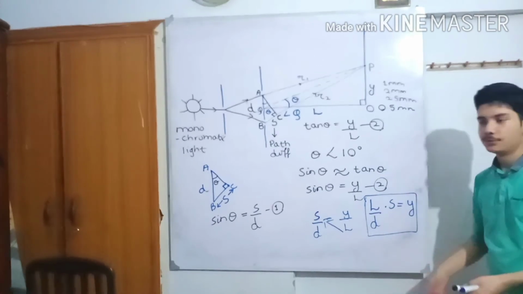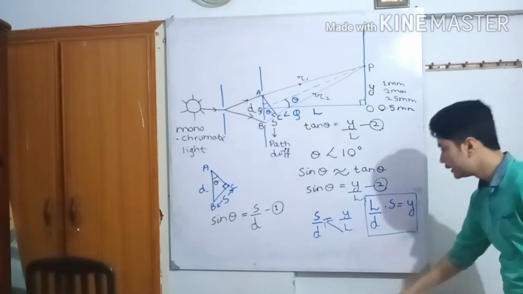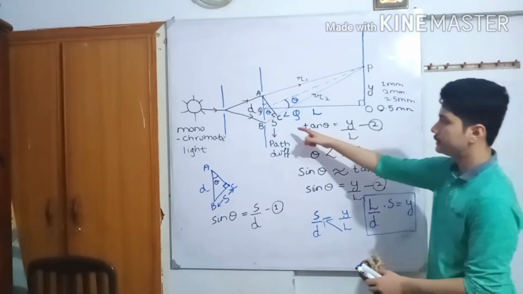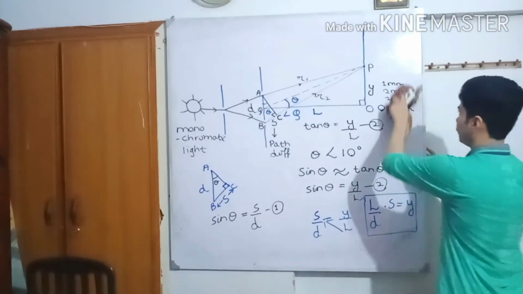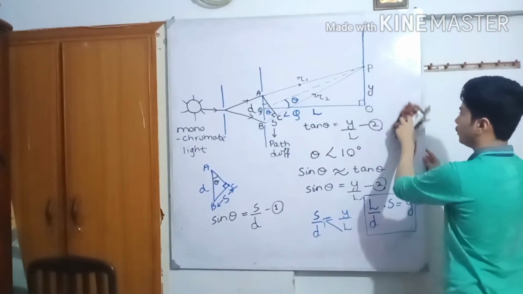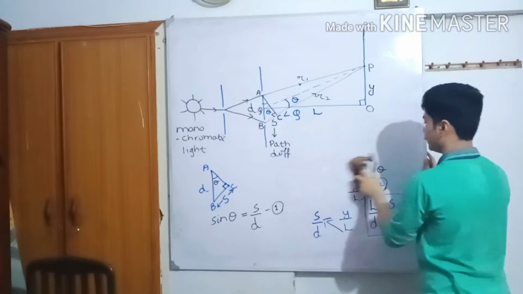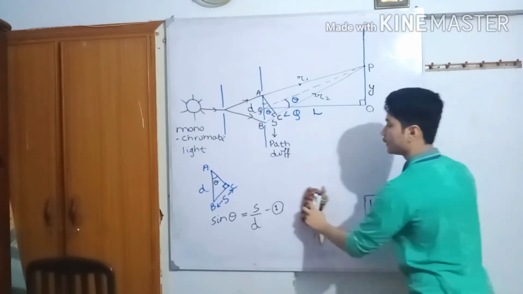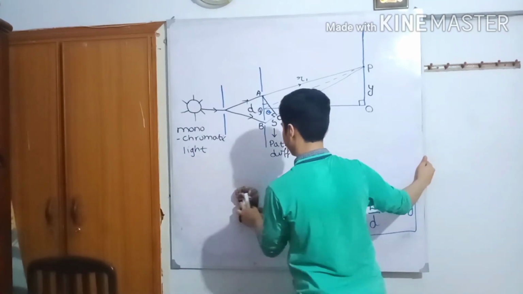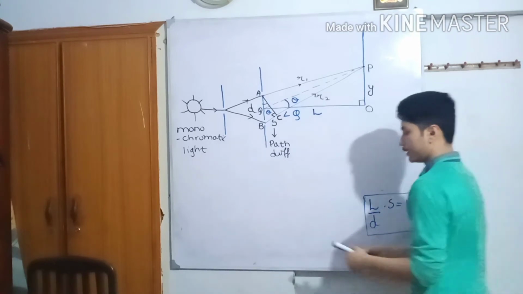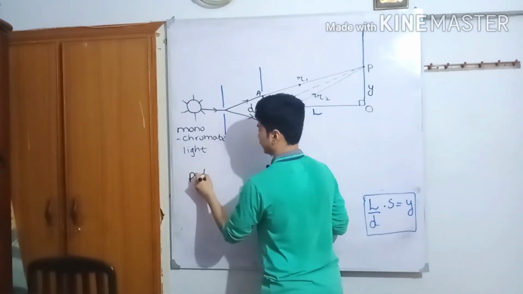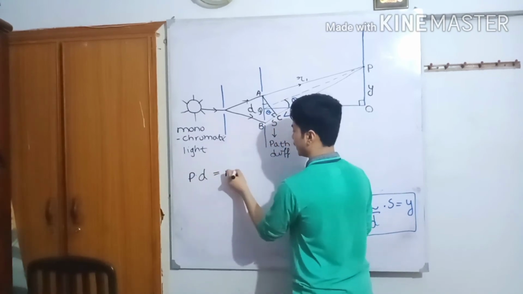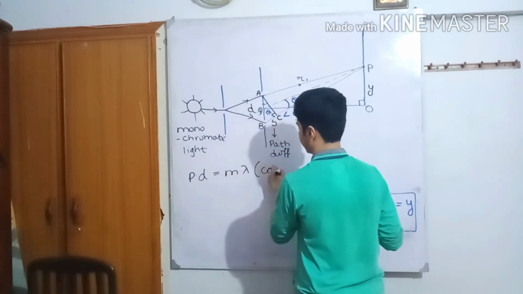And now what more do we have to do? This S is the path difference. If you have seen my video, or if your concepts of constructive interference are clear, you can say that when the path difference, PD, is m lambda, the interference is constructive.